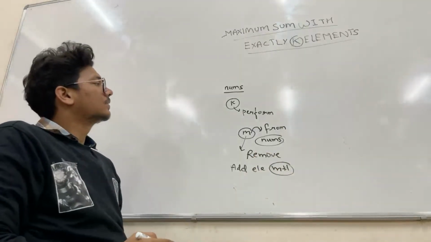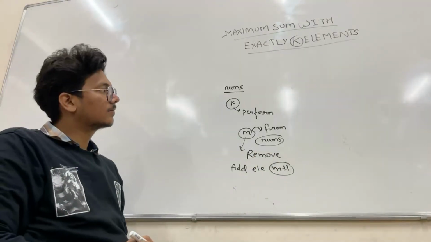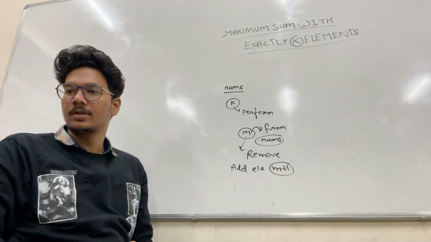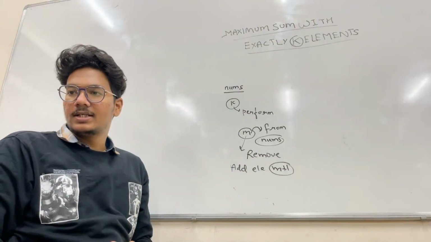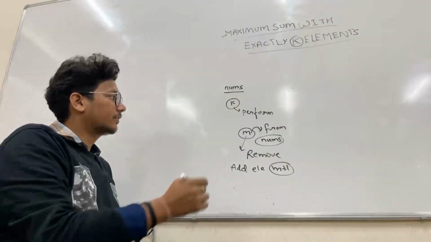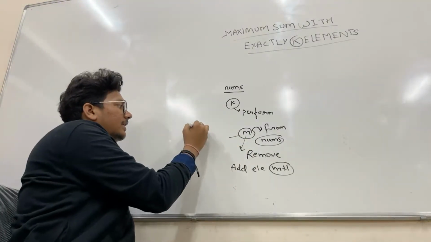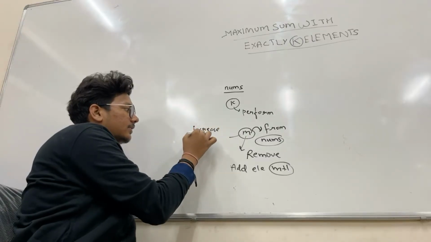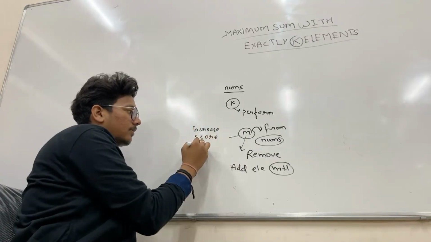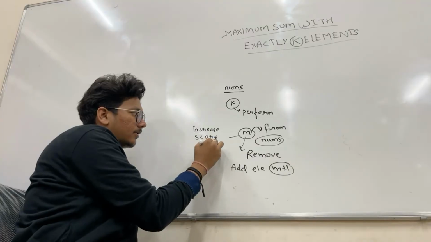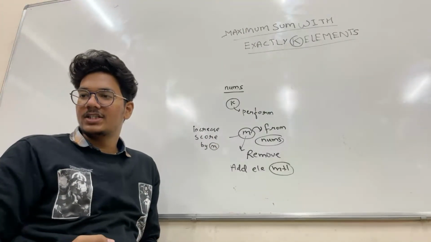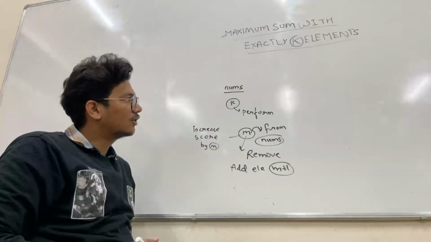Then increase your score by m. So if we take 3, we increase the score by 3. Return the maximum score you can achieve after performing exactly k operations.